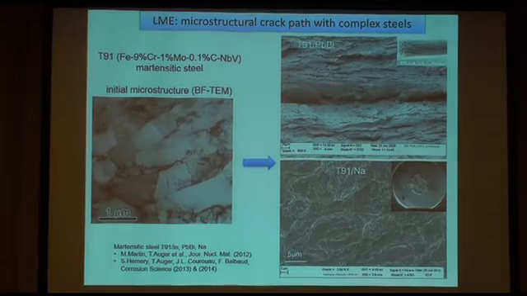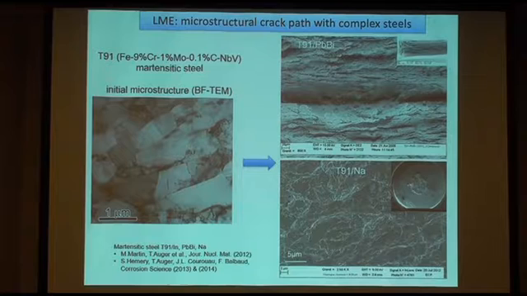So I dealt a lot with complex steels, and I give you an example of a martensitic iron chromium steel for nuclear applications. So the initial microstructure is a fine lath of martensite obtained by quenching and then tempered.